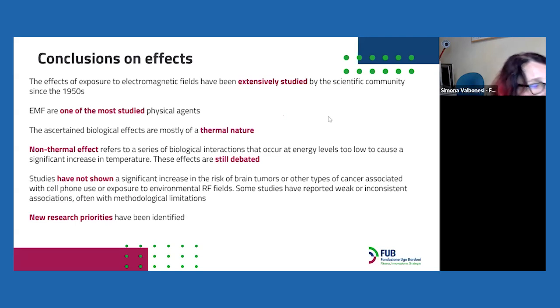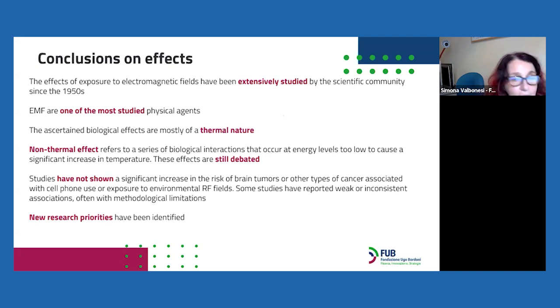What are the conclusions on effects? The effects of exposure to electromagnetic fields have been extensively studied by the scientific community from the end of the Second World War. Electromagnetic fields are one of the most studied physical agents.